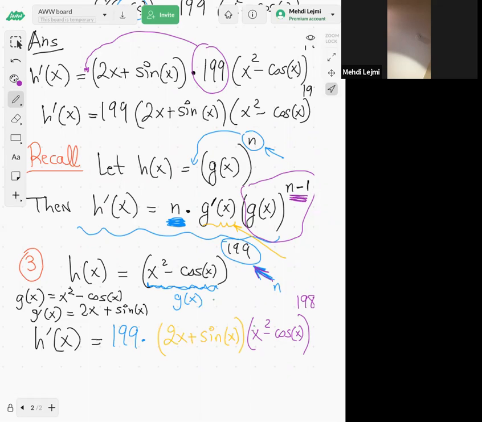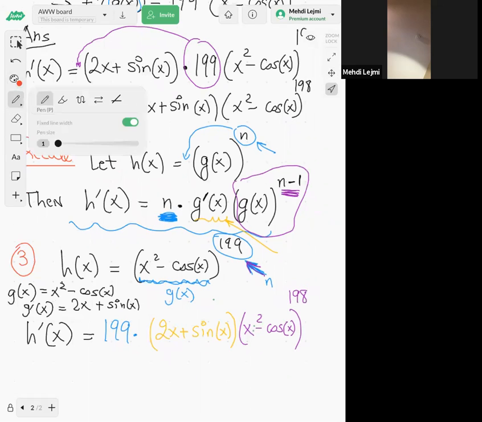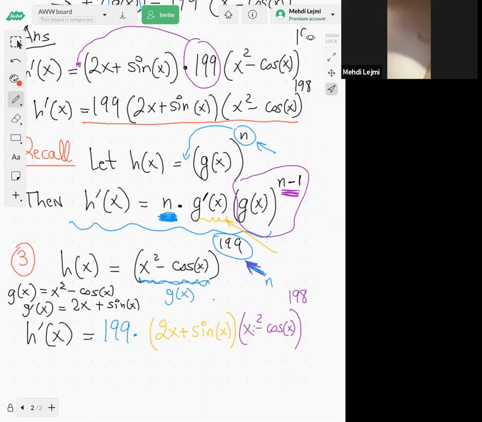So you see, guys, we got the same answer. If you compare this to the previous answer, this was our answer: 199 times 2x plus sine of x times the x squared minus cosine to the power 198, right? And it's exactly the same answer.